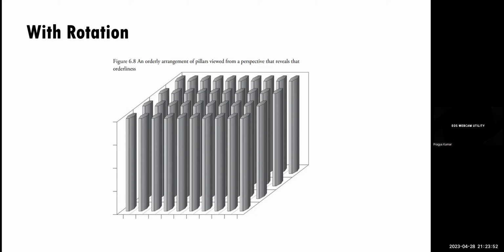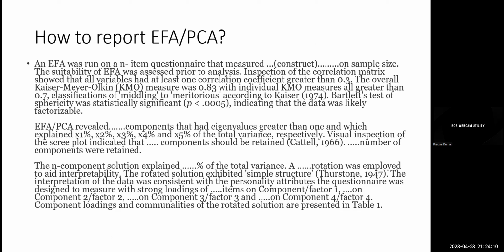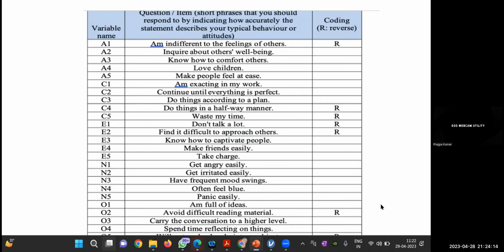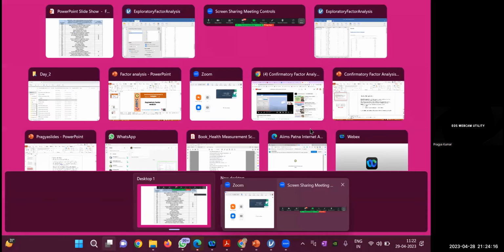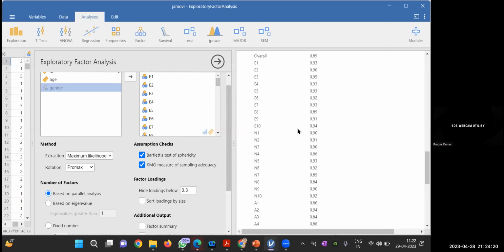You can imagine that if you change your position in 3D space, looking at an individual item or the order of arrangement becomes clear. So now coming to this, this was the variable which we took. And then I'll again go back to my data. So this was the exploratory factor analysis.